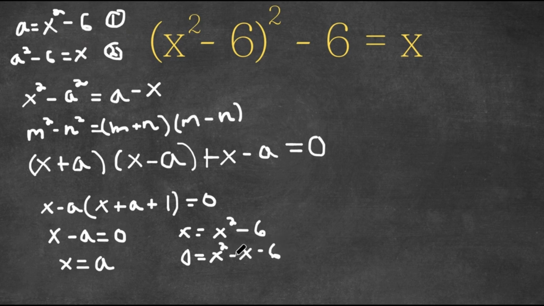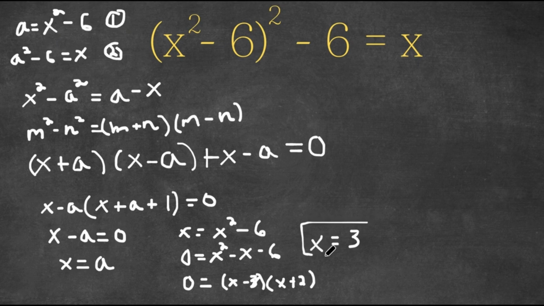Now we have a quadratic equation, and this would actually be simplified to 0 is equal to x minus 3 times x plus 2, meaning our two solutions for x would be x is equal to 3 and x is equal to negative 2.